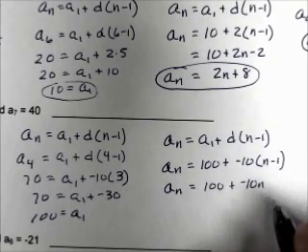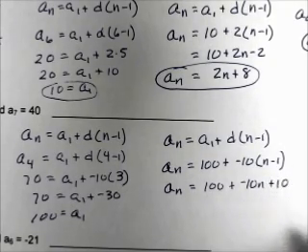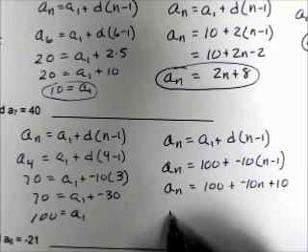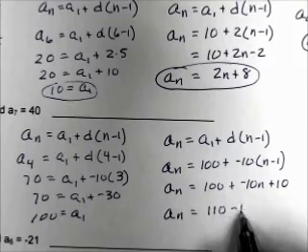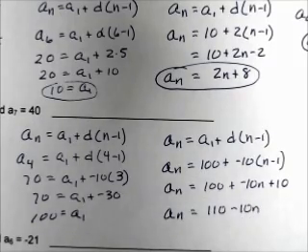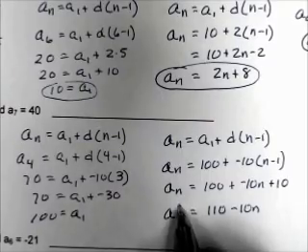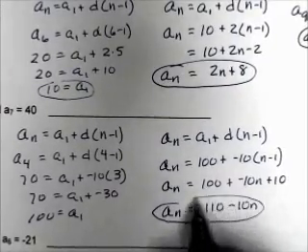Negative 10 times negative 1 is positive 10. Combining like terms, a sub n equals, we can write it as 110 subtract 10n, or you may write it as negative 10n plus 110. All right, but this is our rule.